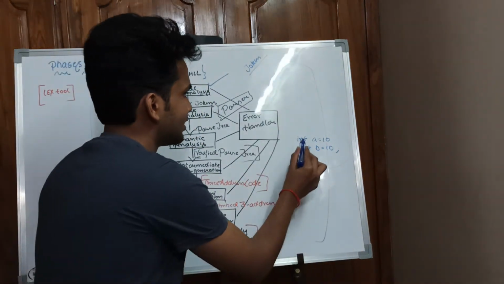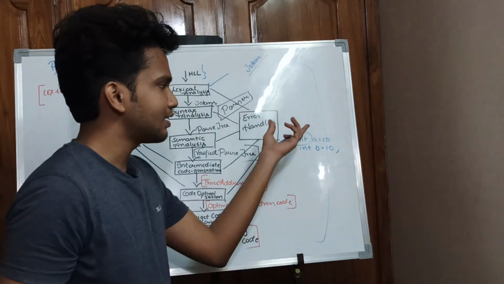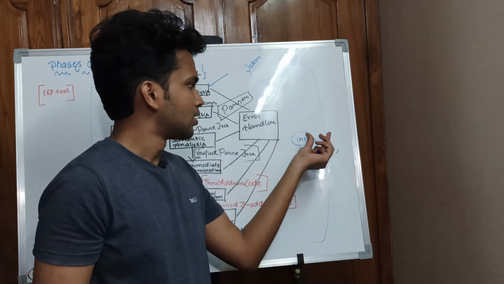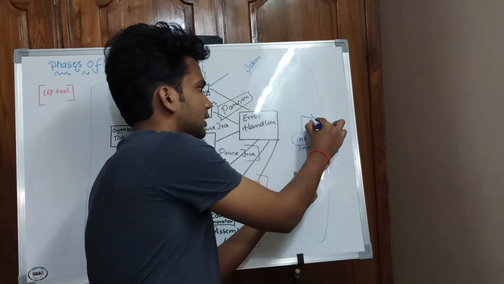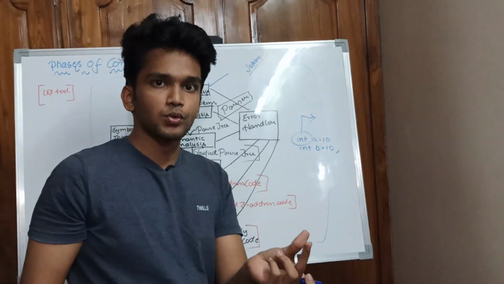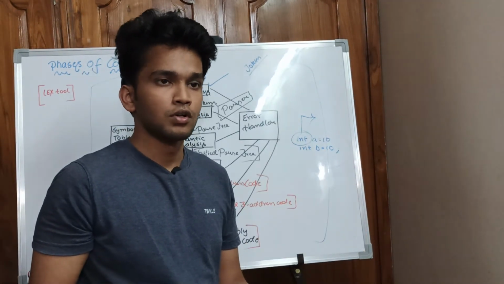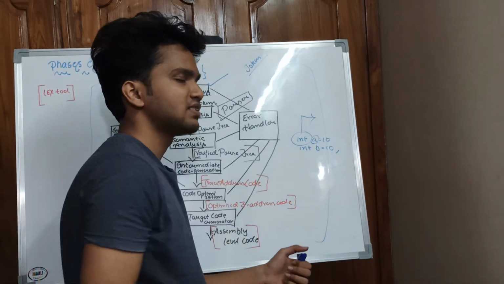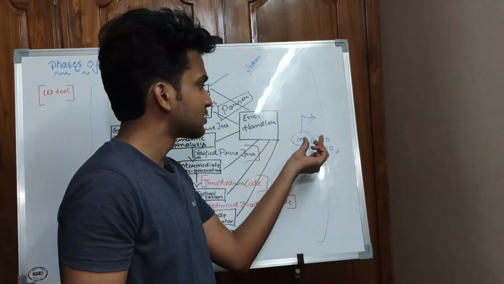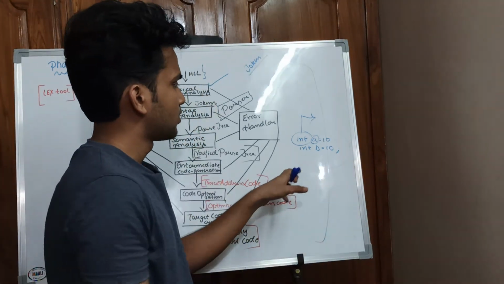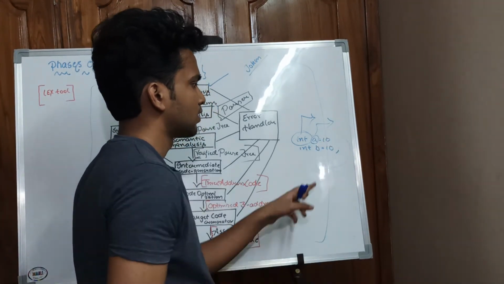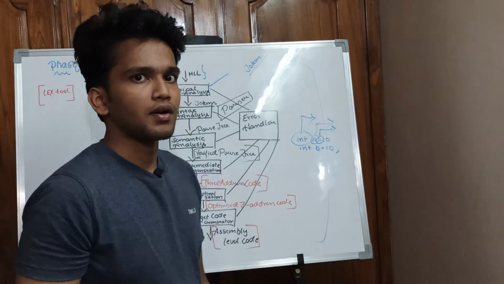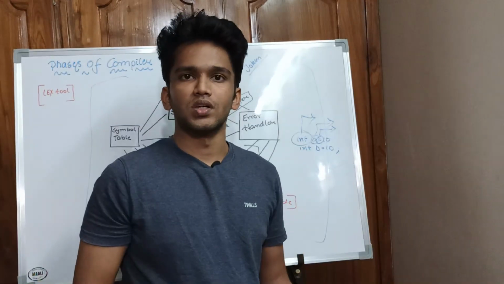Here, int is an integer data type and the C compiler knows this is a data type. This is the smallest unit you can divide into, so it is called a token, whereas a is an identifier, or variable, which is also a token. Again, equal to is an operator, and an operator is also a token.